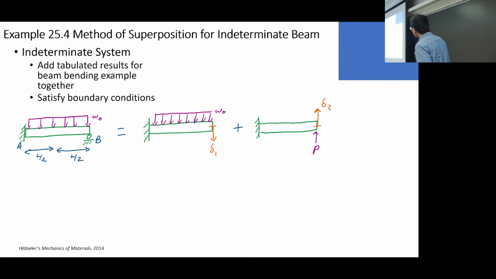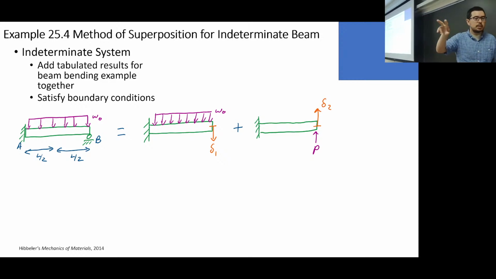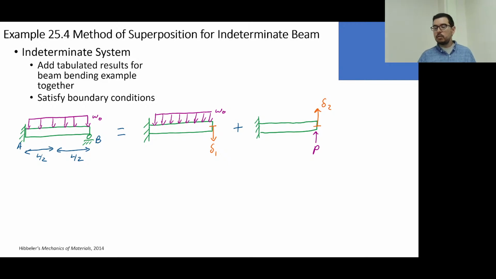And that force P here is going to go the opposite direction of this delta 1. And so what is my geometric compatibility here? Well, essentially it's that this delta 1 and this delta 2 are equal to each other. Or delta 1 minus delta 2 is equal to 0. Right? So this is where we have compatibility.